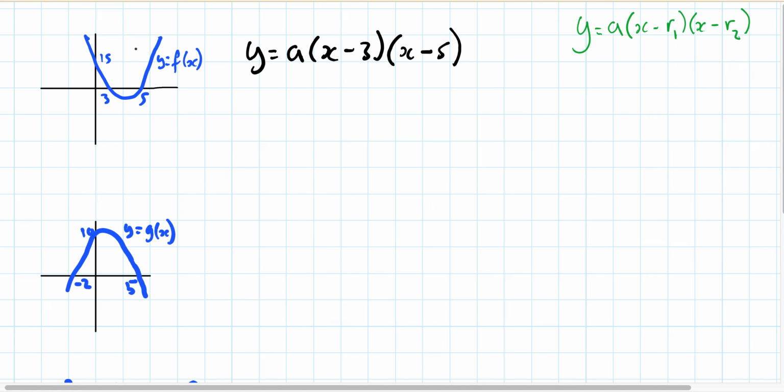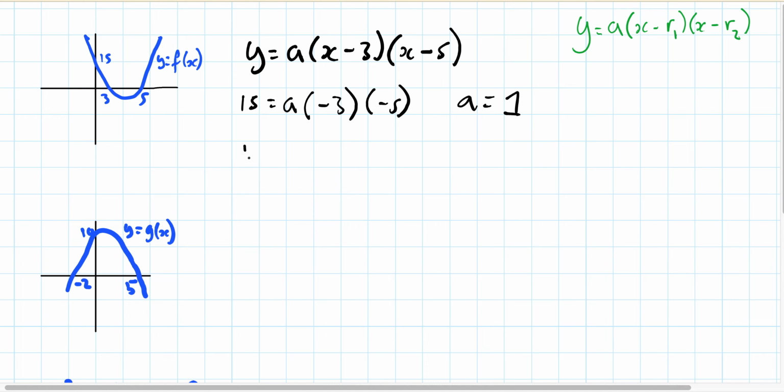Now to find the a, we know this coordinate here is (0, 15), so we have 15 equals a times (0 minus 3), which is minus 3, and (0 minus 5), which is minus 5. 3 times 5 is 15, and then divide it over, so a equals 1.